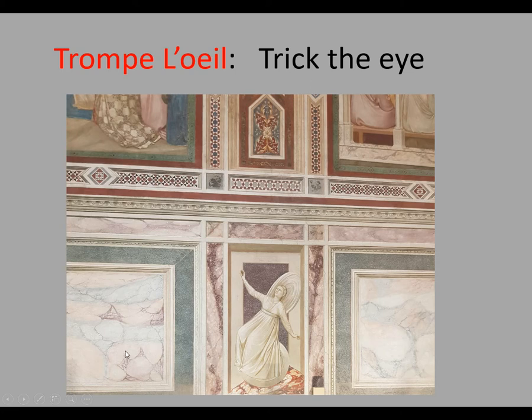And the tricking of the eye is all of these panels here that look like marble or tile, like all these framing devices. They are just fresco. Those are not actual marble. He is tricking the eye in a material way. He's trying to make it seem as if these are very, very expensive panels.